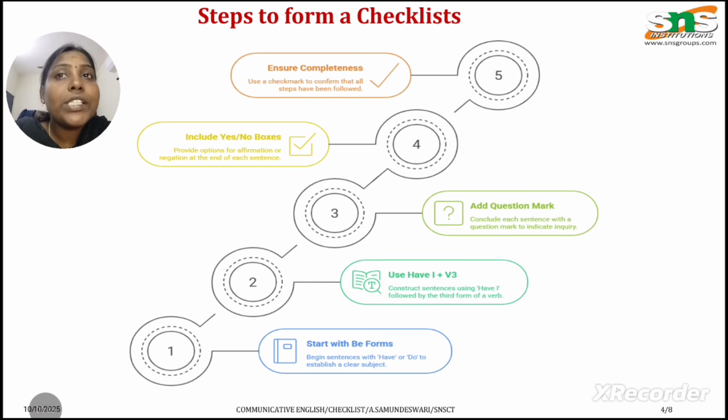For instance, just imagine a situation: I'm going to attend an interview at Bangalore. To attend an interview at Bangalore, I'm preparing a checklist. What are the things I'm supposed to plan? First, when is my interview? Should I book my ticket in a train or bus or airplane?